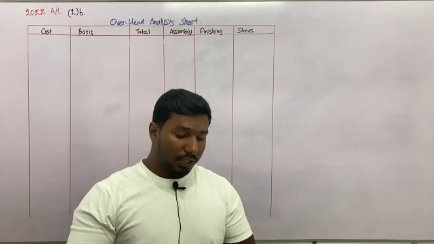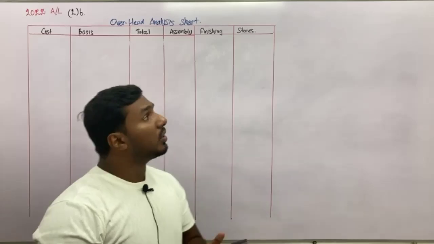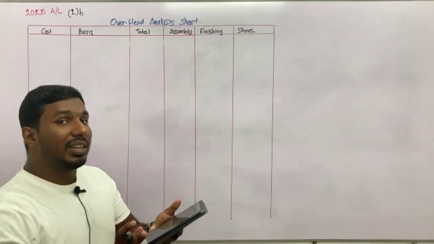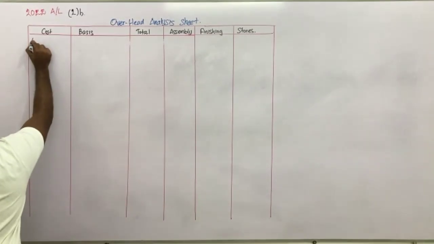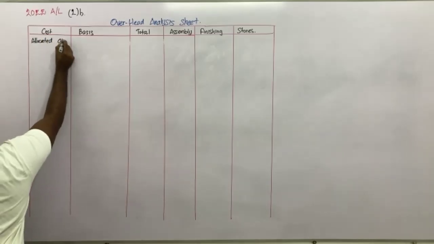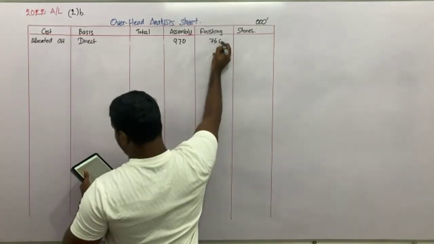See, in the question, allocated overheads are given first. Since these overheads are given directly, we'll write that: allocated overheads, basis is direct. It is directly given, right? For the assembly it is 930, we have to put 3 zeros. For finishing, 760.